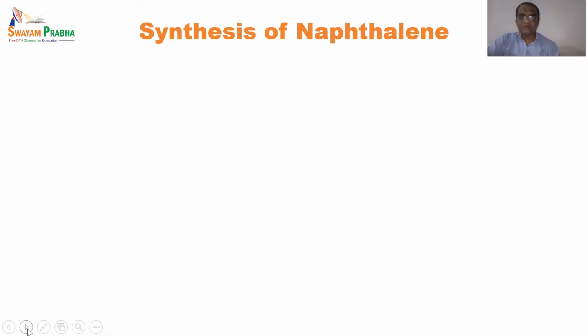Now we will see synthesis of naphthalene, and why alpha or beta predominates, when we come across the chemical reactions of naphthalene. The first method of synthesis of naphthalene is from coal tar.